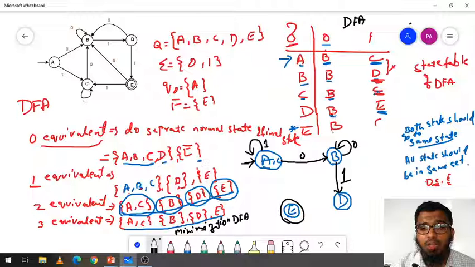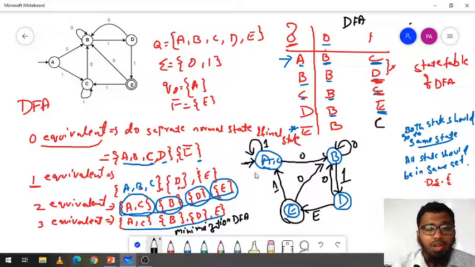D on 0 is B and D on 1 is going to E. Last one, E on 0 is going to B and E on 1 is going to C. So previously our DFA was like this.